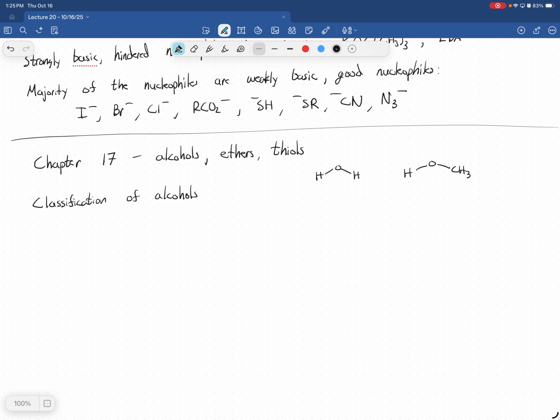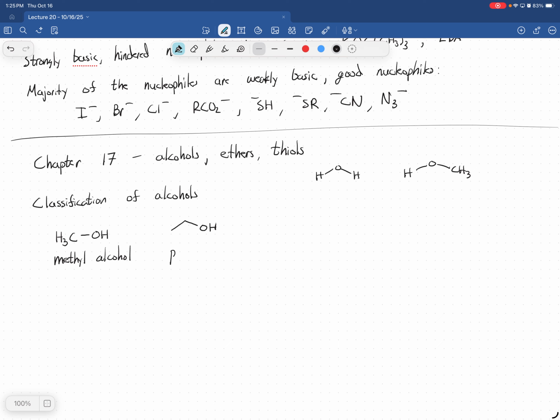So classification of alcohols, just like with carbon groups, we have classifications of alcohols. All right, so this is a methyl alcohol. Then we have a primary alcohol. So why do you think this one's called primary? It's attached to a carbon atom that's primary.